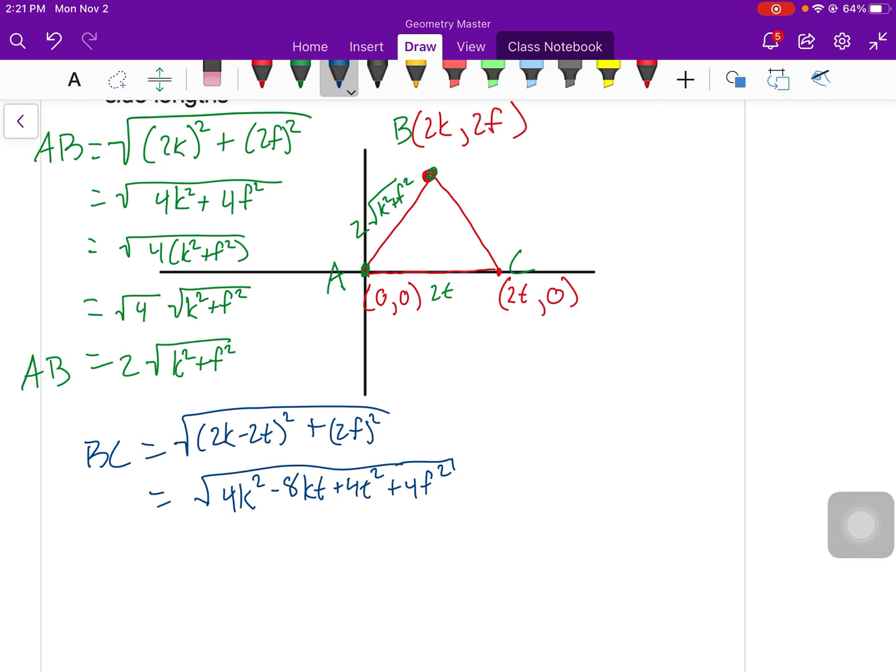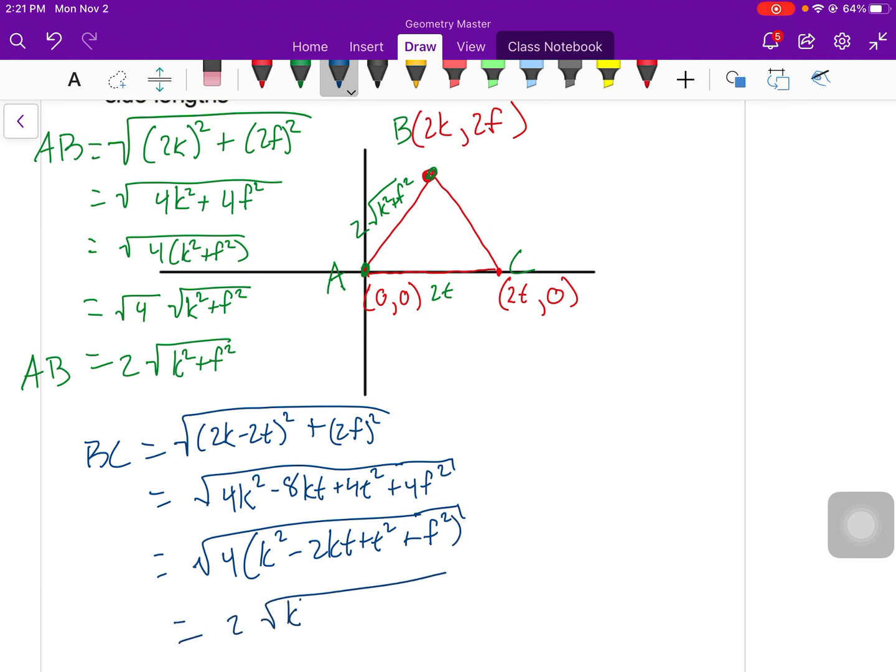I can go one step further, I guess, and do 4 times (k squared minus 2kt plus t squared plus f squared), and then get 2 times the square root of all this business. But this looks absolutely hideous.